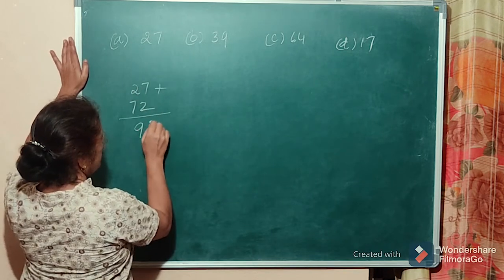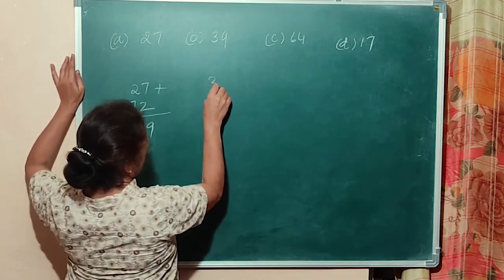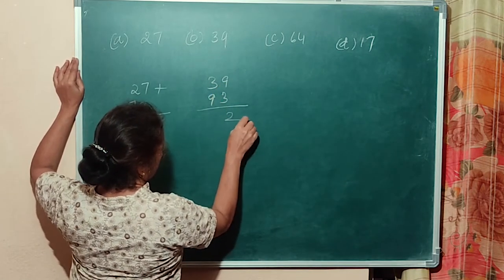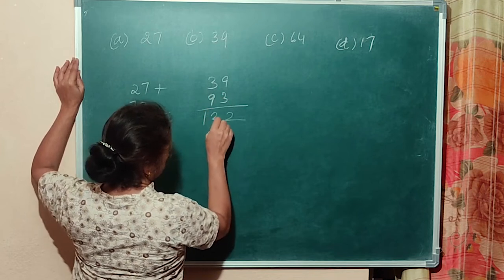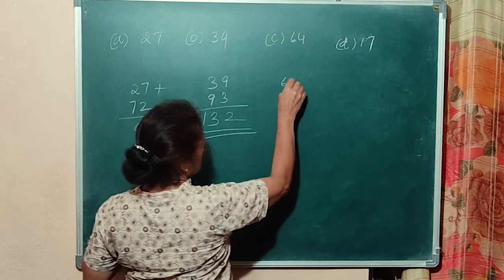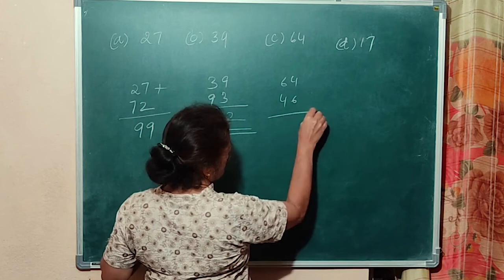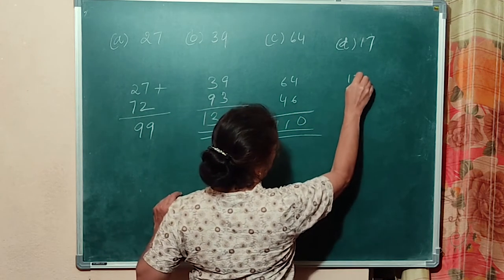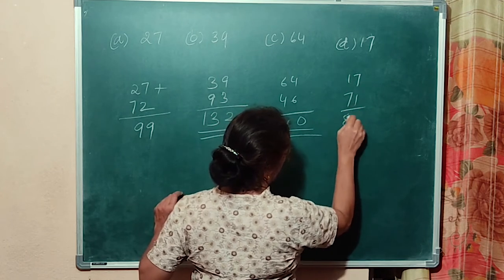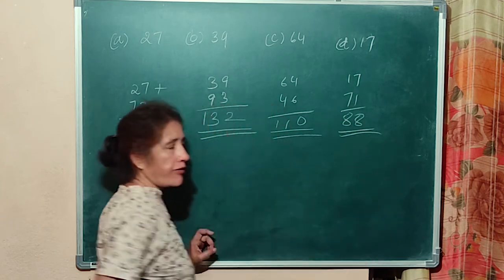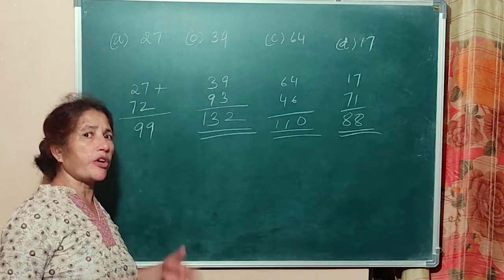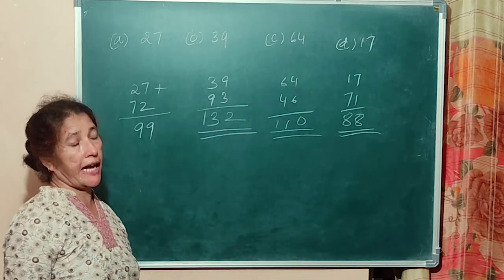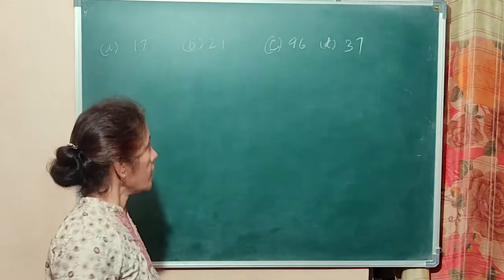So what is the number? 99. 39 plus 93, 9 plus 3, 12, 1 plus 9, 10 plus 3, 132. 64 plus 46, 6 plus 4, 10, 1 plus 4, 5, 110. 17 plus 71, 88. Are they all multiples of 11? Yes. So you ask your friend to divide it by 11. She has to get the remainder 0.